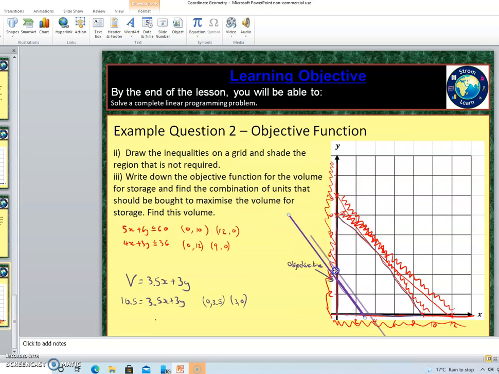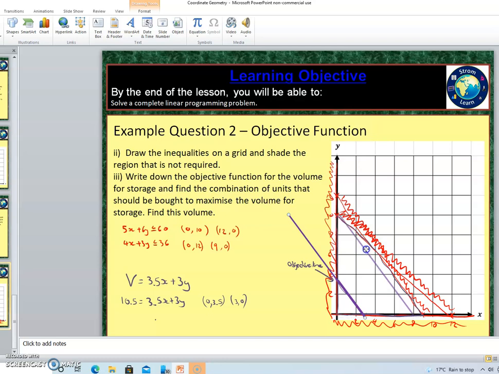Okay, and now as I drag this line through this region, I'm increasing my value of V, and I want to keep increasing my value of V as long as I can. Right, so at this point, I've passed through one of the vertices, the vertex at 0, 10. I know that's not going to be my greatest volume.